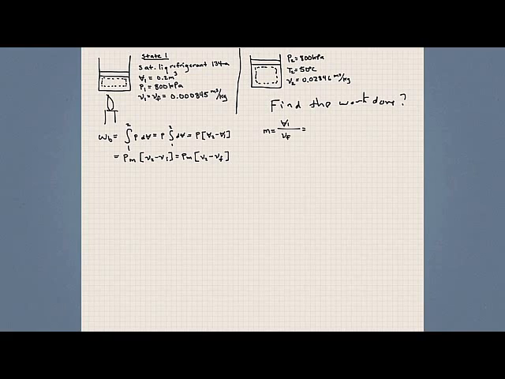Well, we know that the volume at state 1 before it expands is 0.2 meters cubed, and the specific volume of this fluid at state 1 is 0.000845 meters cubed per kilogram.